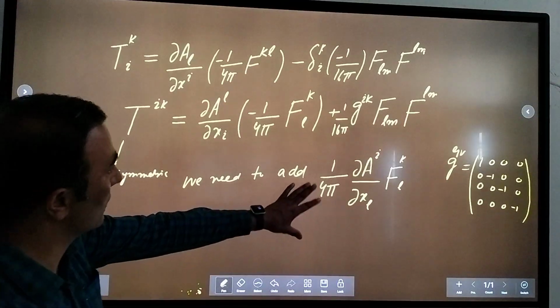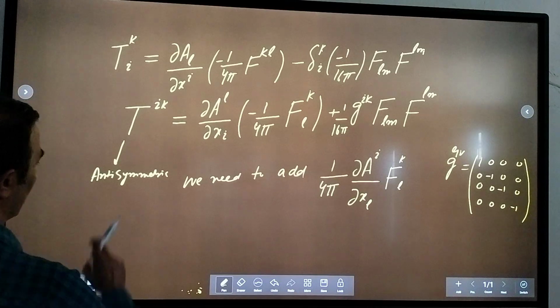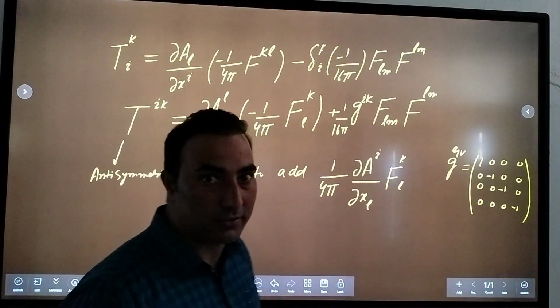So we will add this term, in order to make this tensor symmetric, okay? Because it's anti-symmetric. Why are we making it symmetric?